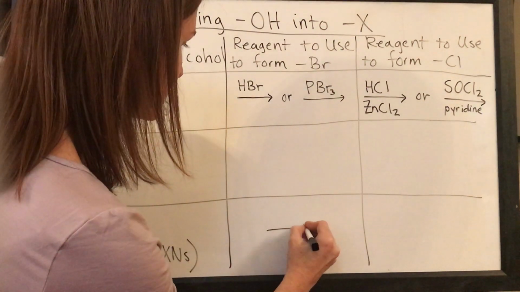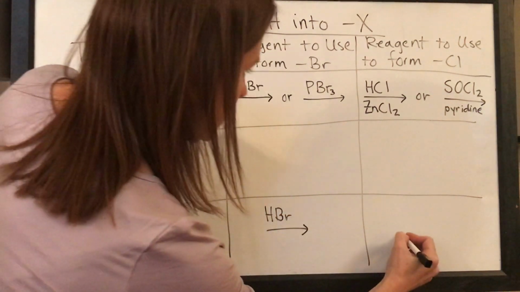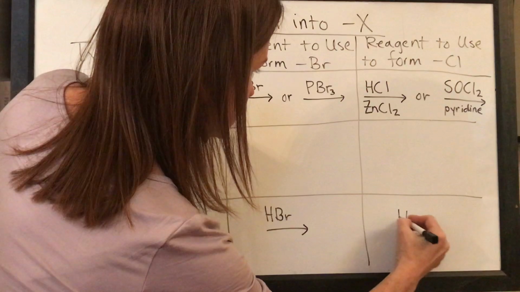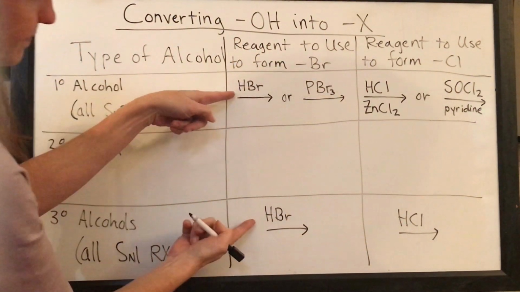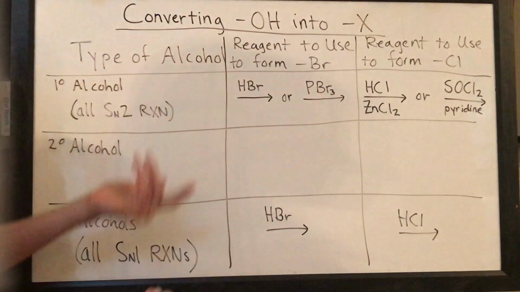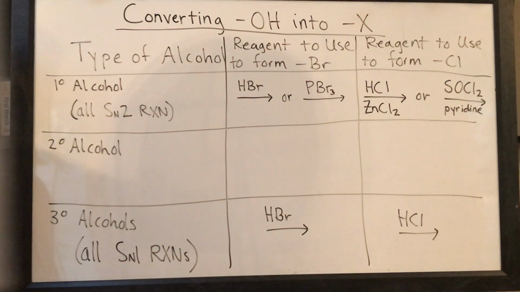And we already learned the best reagent for each of these reactions. If you want to form a bromide, you use HBr. If you want to form a chloride, you use HCl.